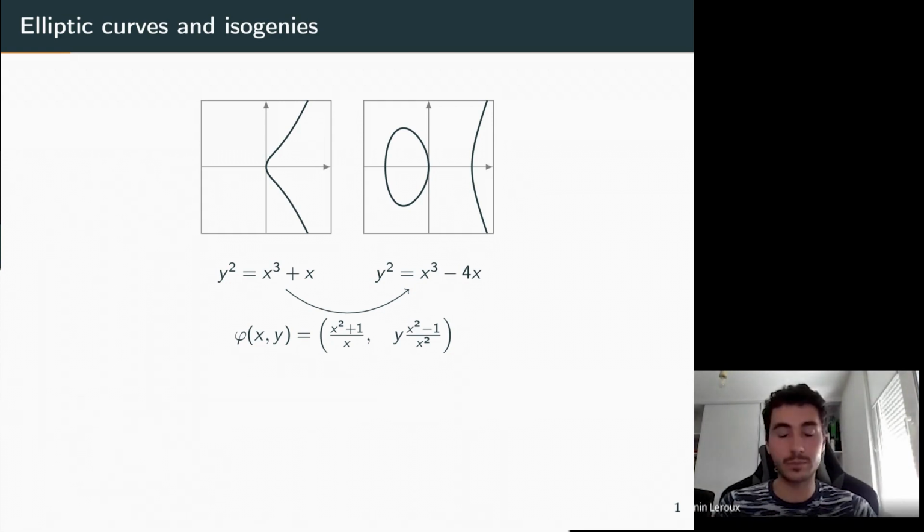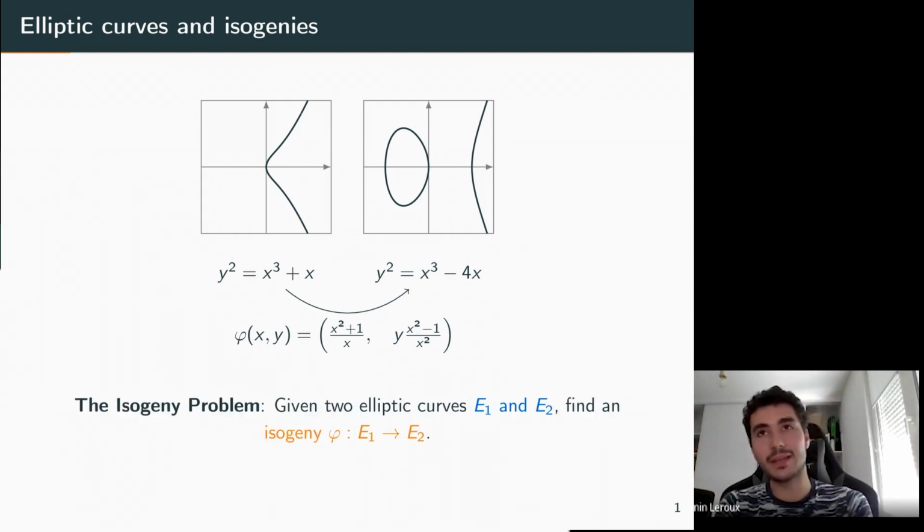As you can see, in some cases it can be quite simple. In other cases it will be quite complicated. It really depends. An important metric of an isogeny is its degree, which is essentially the degree of the polynomials defining the isogeny. So in this case, this is an example of a degree 2 isogeny.